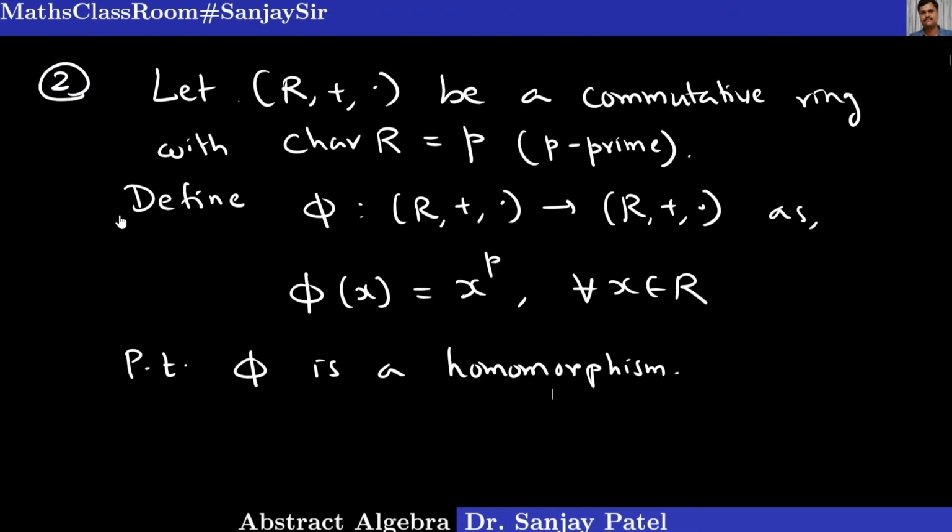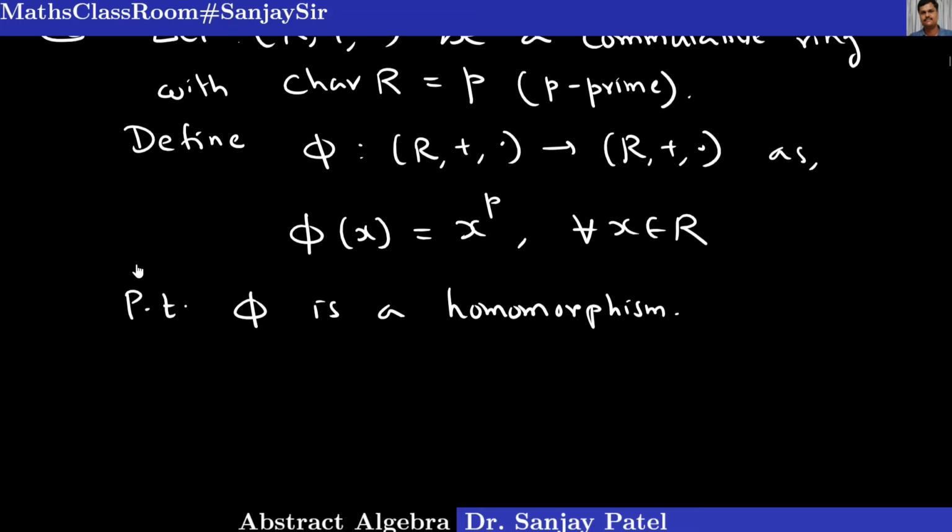Here, you know what is the meaning of characteristic of a ring? If you say the characteristic of ring R is p, then p is the smallest positive integer for which p times x is equal to 0, the 0 element of the ring, for every x in the ring. So that is to be noted.